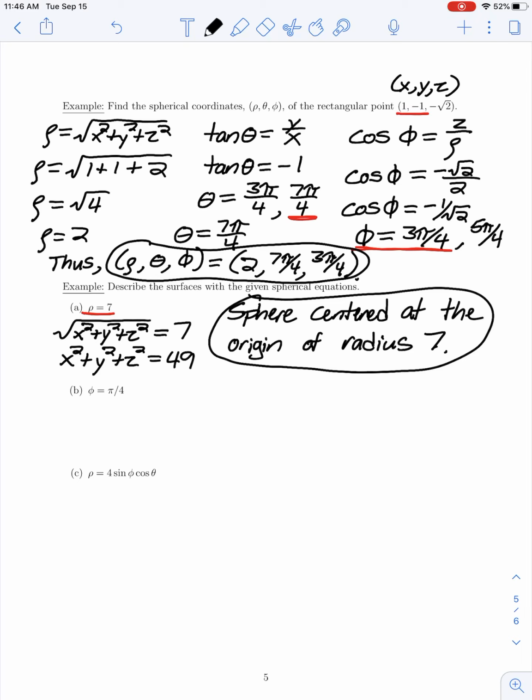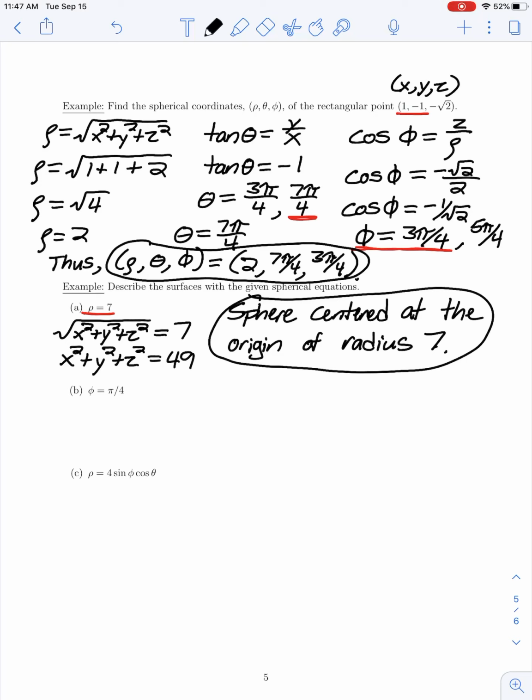So we can think about this one perhaps intuitively. I think the easiest way to think about this is intuitively rather than looking at the conversion. The conversion working backwards is a little tricky. So here a constant value of phi being equal to pi over 4 means that we're looking at the set of all points in space which were obtained by rotating downward from the positive z-axis by an angle of pi over 4.